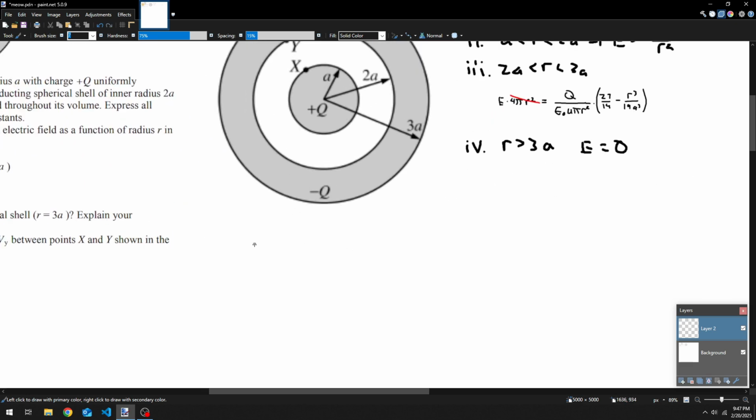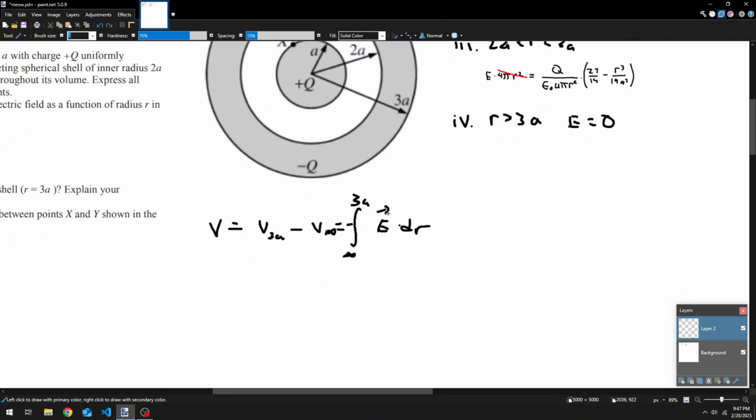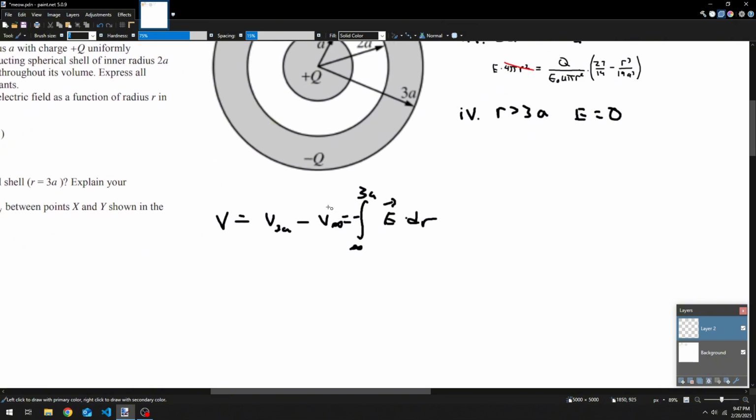So we can say the voltage at 3a minus the voltage at infinity equals negative the integral from infinity to 3a of E dr. That's going to give us the voltage difference over here. And we know that V at infinity equals 0.